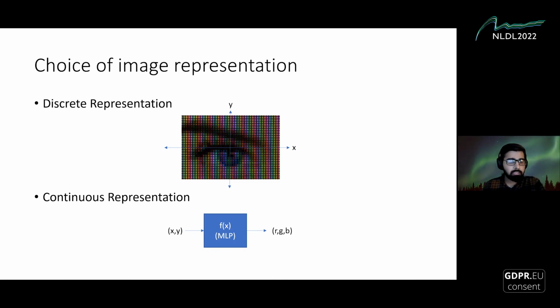Therefore, instead of representing an image with a fixed resolution, it was proposed recently to study a continuous representation for images. This proposal was inspired by recent progress in 3D reconstruction with implicit neural representations. According to this proposal, we can use an image function.